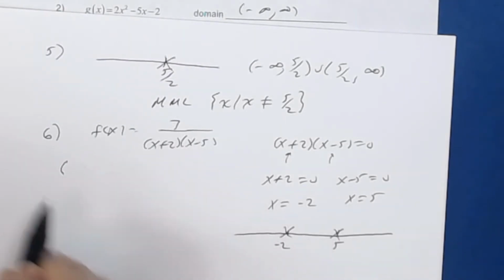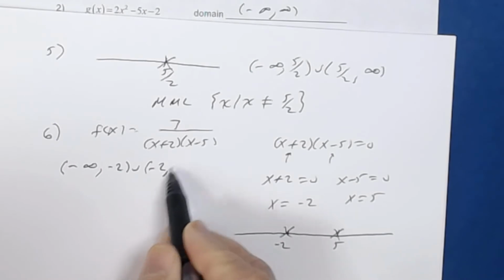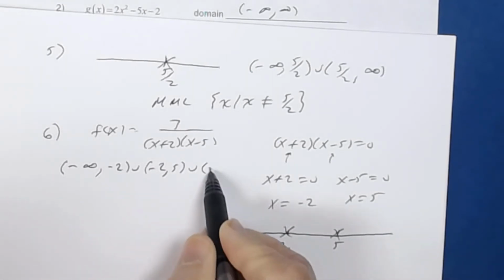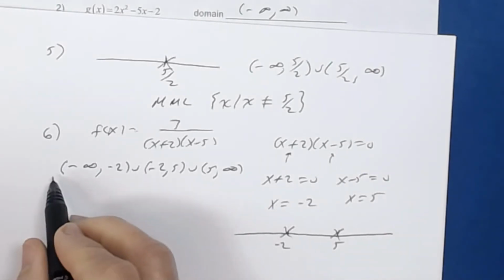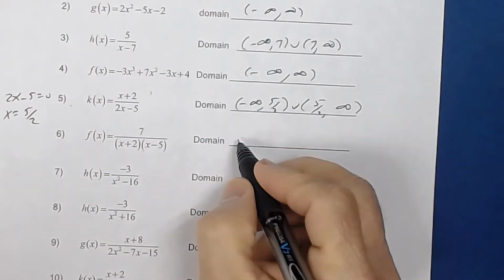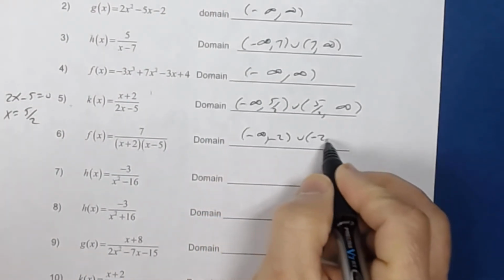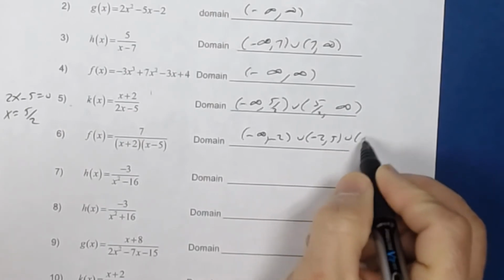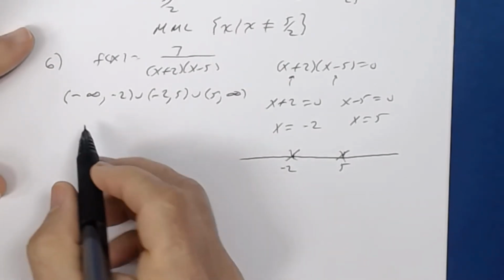So I go from negative infinity to negative 2, union negative 2 to 5, and then union 5 to infinity. Okay, and so that will be your answer in interval notation. So that would be number 6 here: negative infinity to negative 2, union negative 2 to 5, union 5 to infinity.